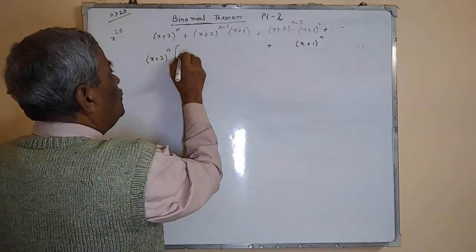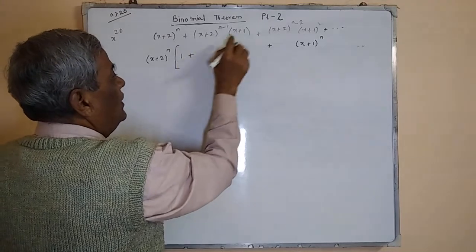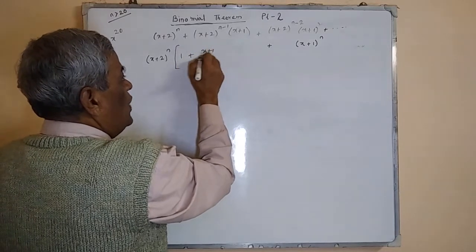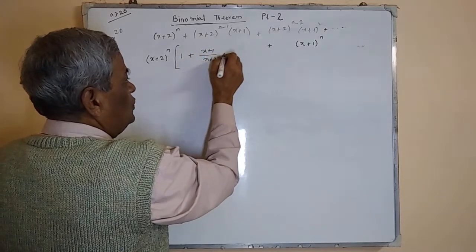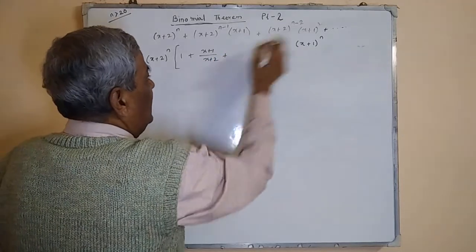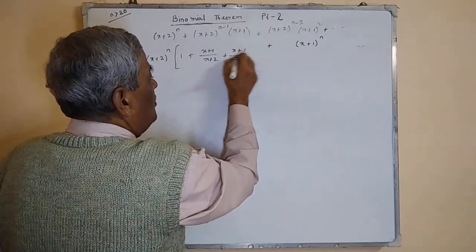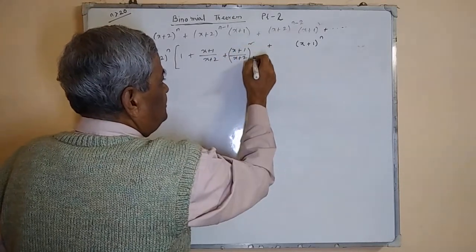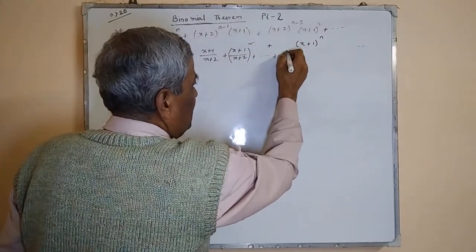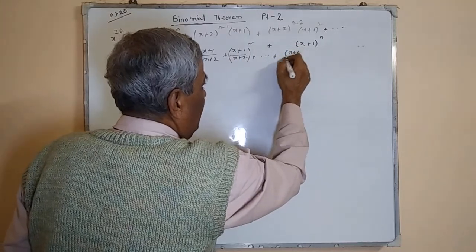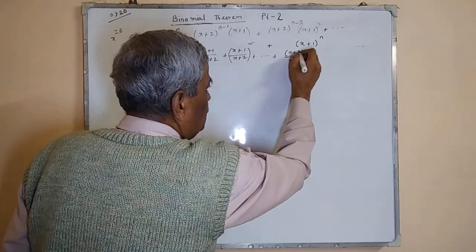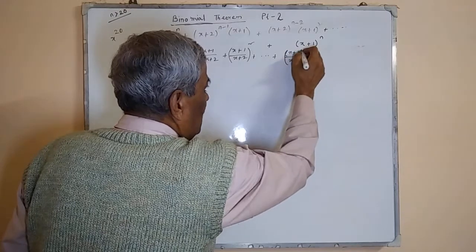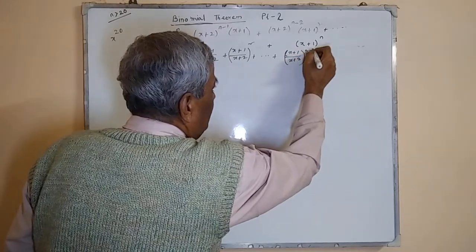Then it is equal to 1 plus (x + 1)/(x + 2), plus ((x + 1)/(x + 2))^2, and the last term is ((x + 1)/(x + 2))^n.